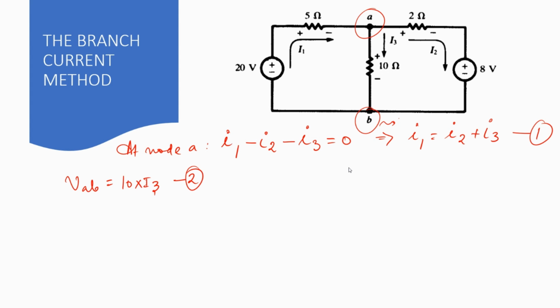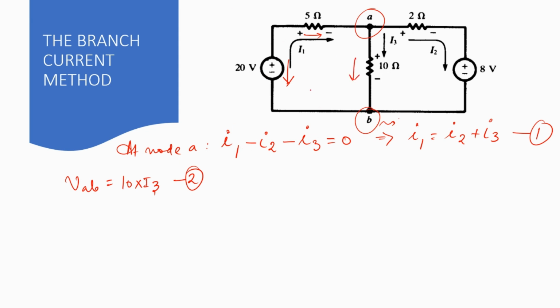Now, if I want to compute VAB in terms of I1, then let's look at the voltage drops in this part of the circuit. Let's mark the direction of the drops here in this manner.